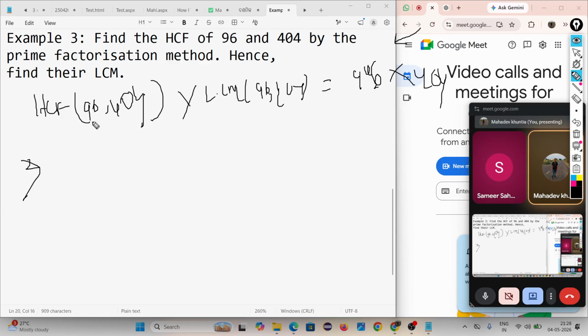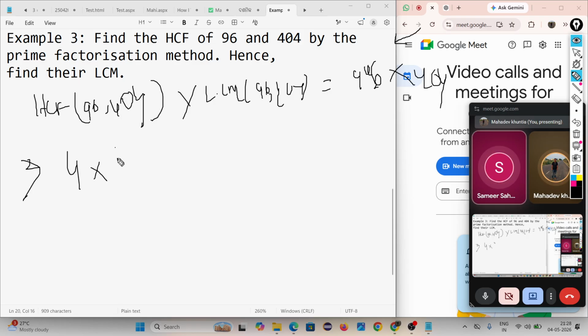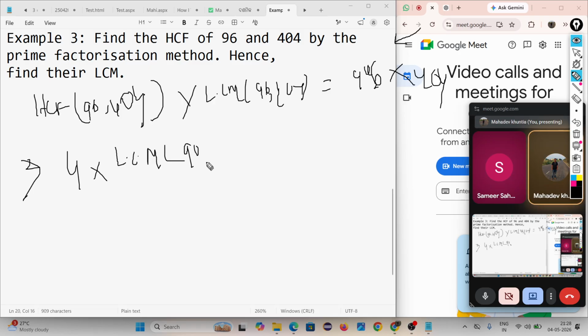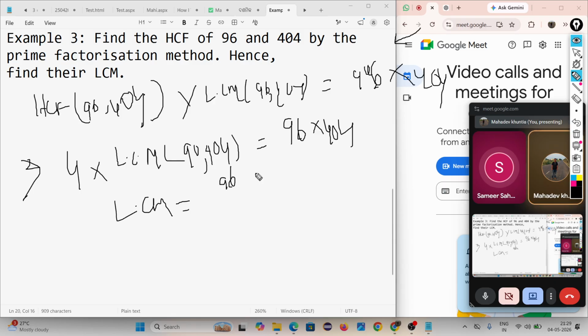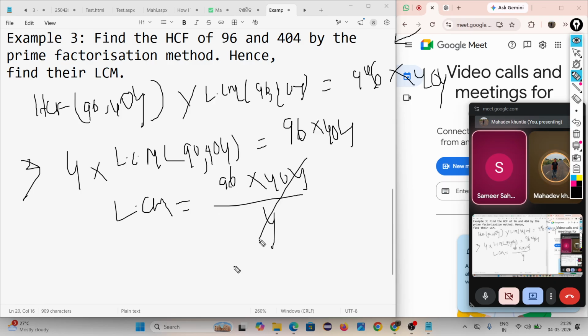HCF is how much? 4. LCM we are trying to find. Then LCM equals 96 into 404 upon 4, that is 96 into 101.